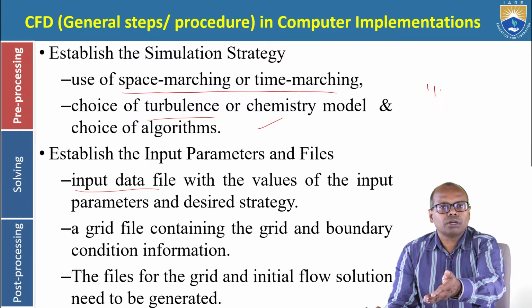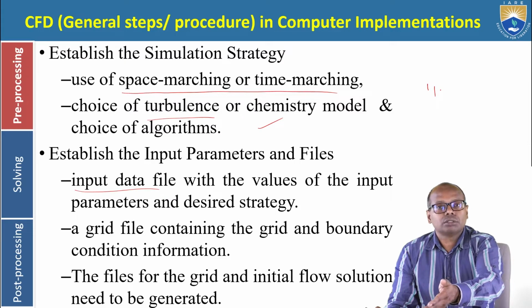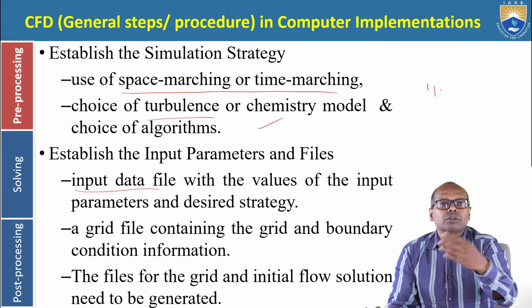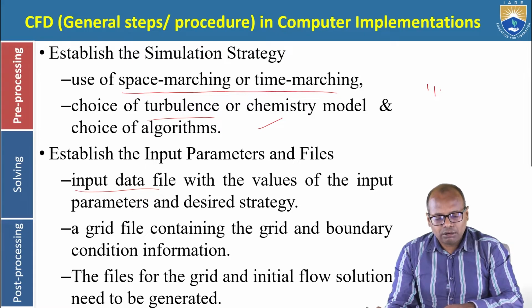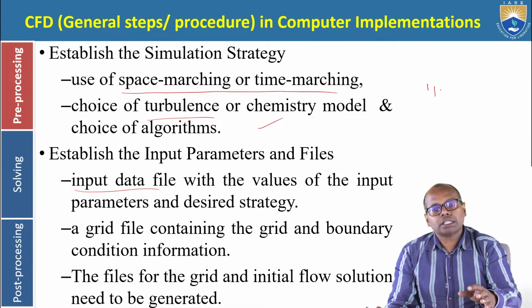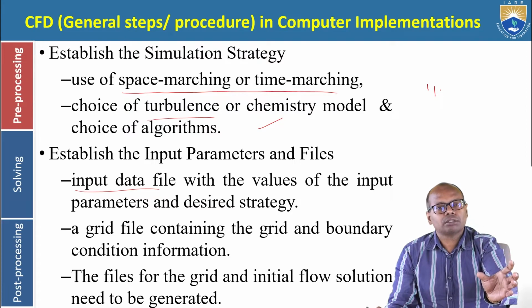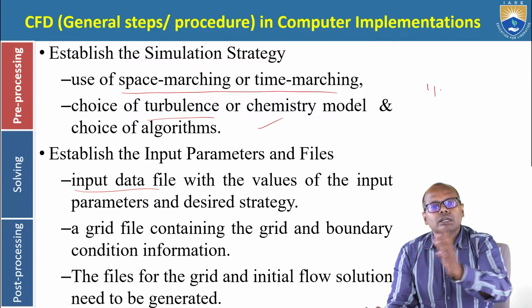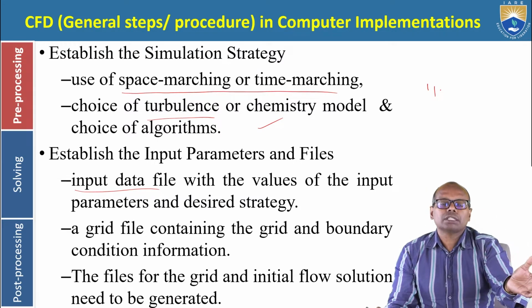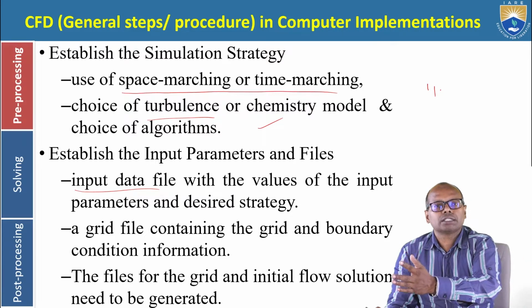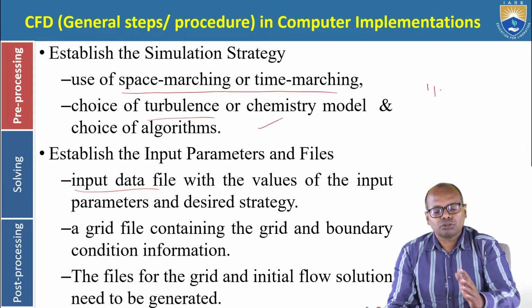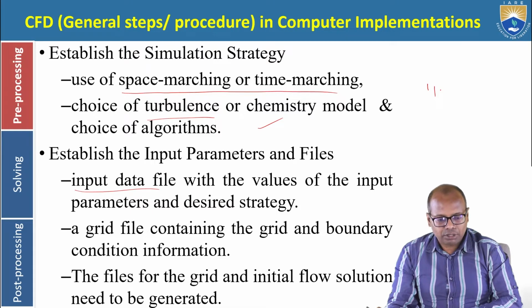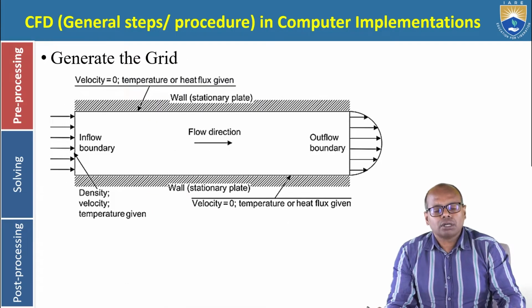We have discretized the domain, and that grid we have to supply to the solver. If I have done one simulation and I am repeating it with a small modification of the boundary conditions, then I can give the previous results as the initial conditions for the present simulation.